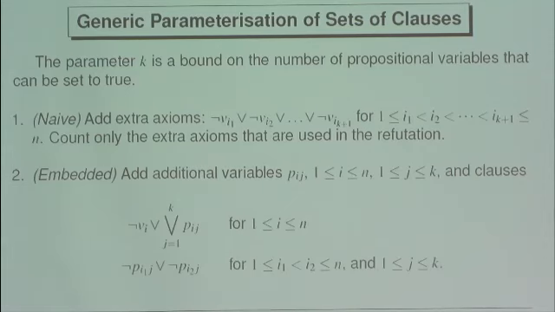The most naive, which I call naive, is to add many extra axioms for every subset of the variables of size k plus 1, to add a disjunction of negations. And it is obvious that that gives you the right parameterization. It wouldn't allow for any assignments of weight k plus 1 and bigger.